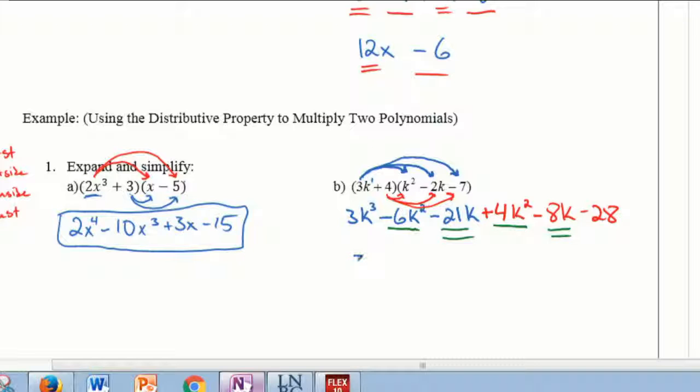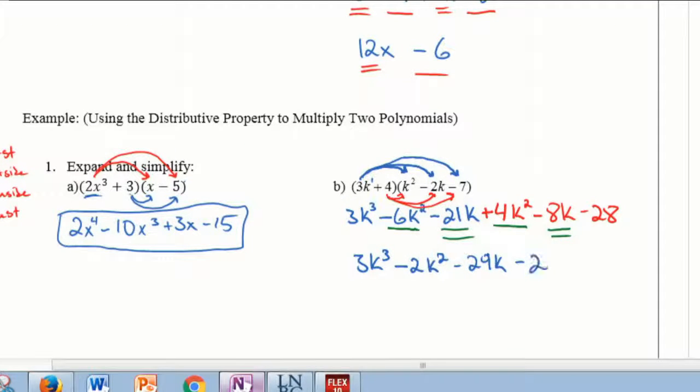So this 3k to the power of 3 can't combine with anything, so I'm just going to bring it along. I have negative 6k squareds plus 4. So negative 6 plus 4 gives me negative 2k squared. Negative 21k minus 8k is negative 29k.